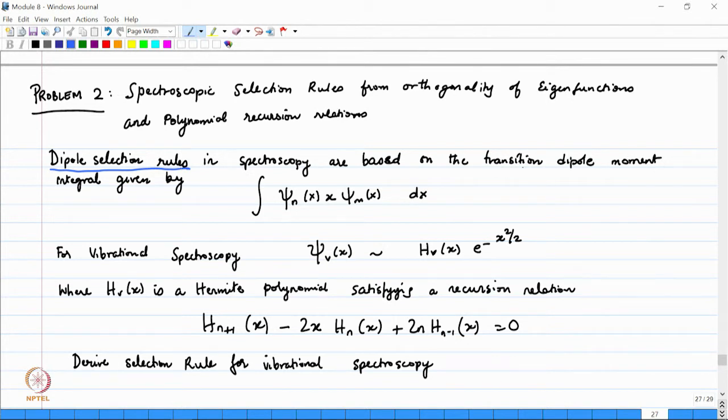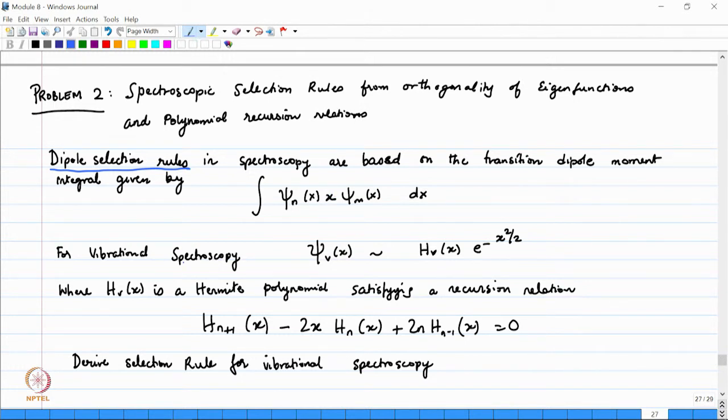It is based on the transition dipole moment integral. This integral is: you take a wave function, multiply it by x, and multiply it by another wave function, where x is basically some coordinate. It might be a spatial coordinate, it might also be an angular coordinate.